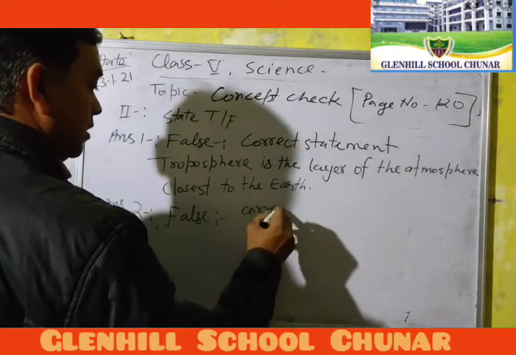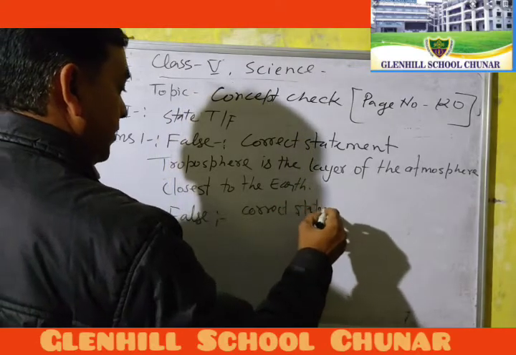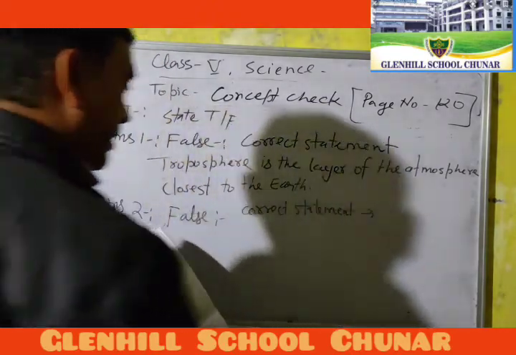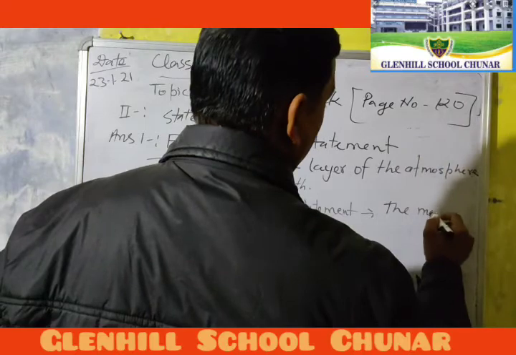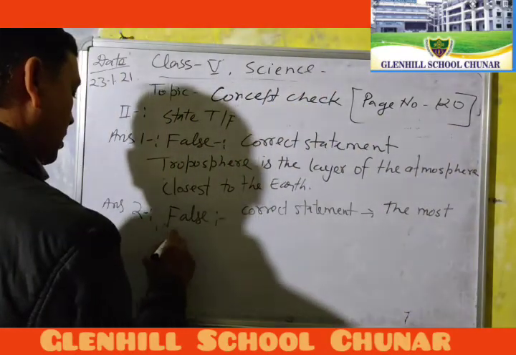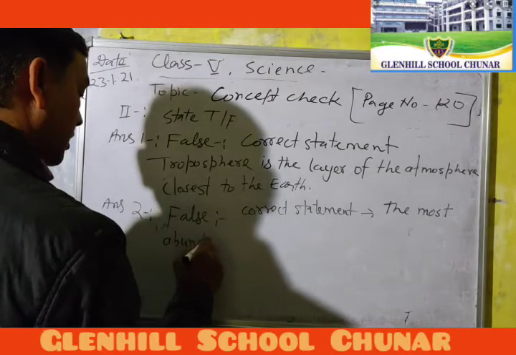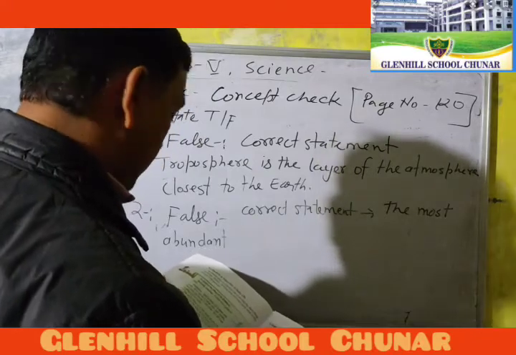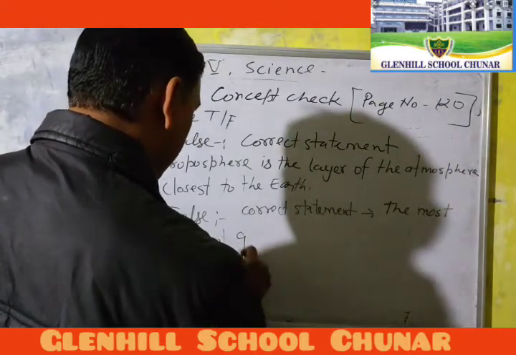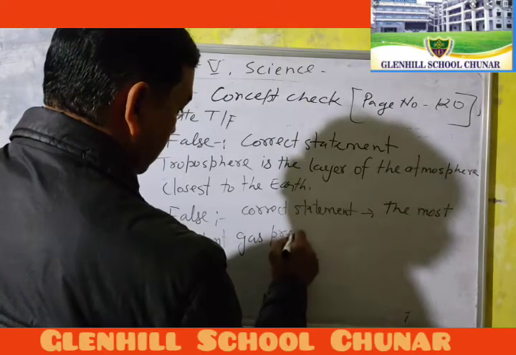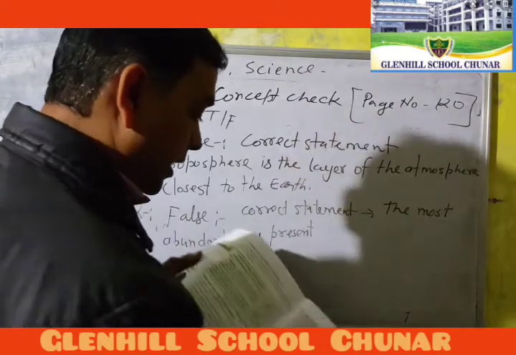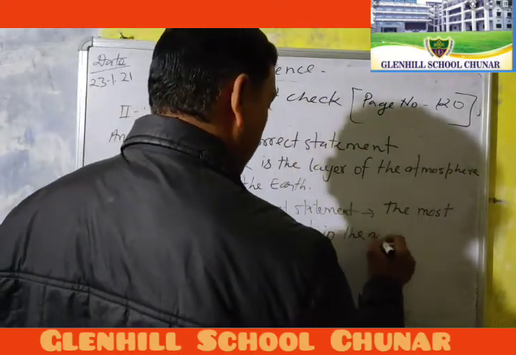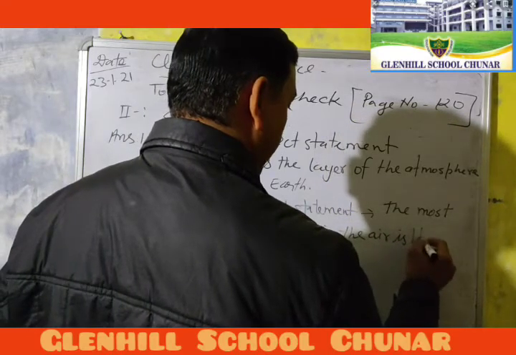Correct statement: the most abundant gas in the air is nitrogen, same as already written in your textbook.